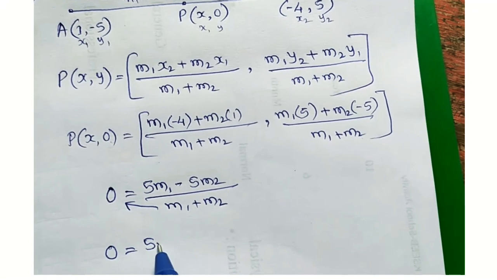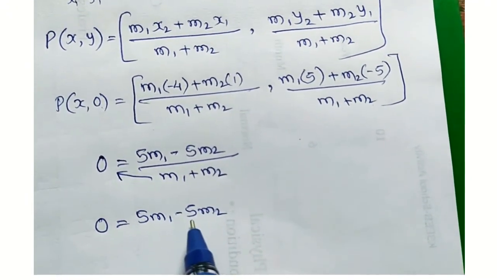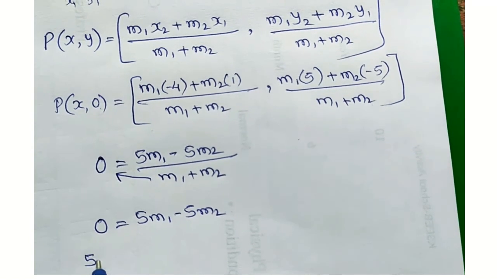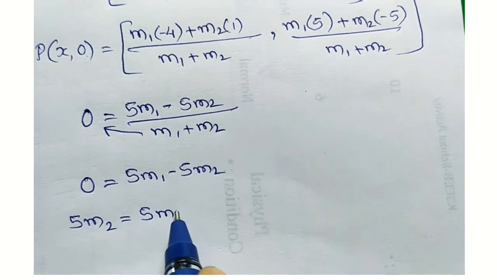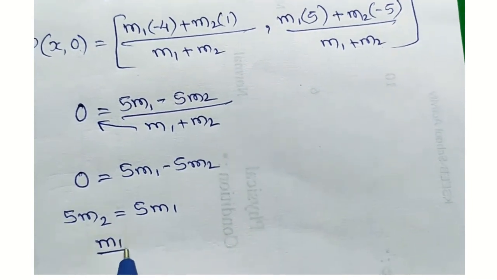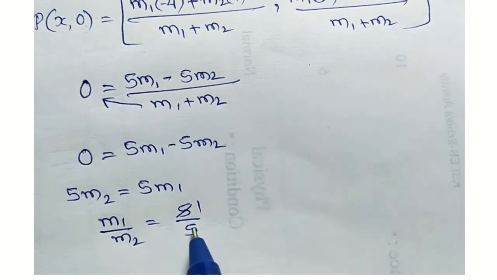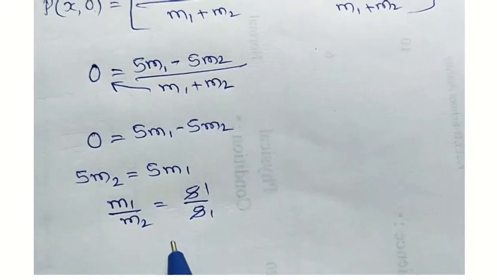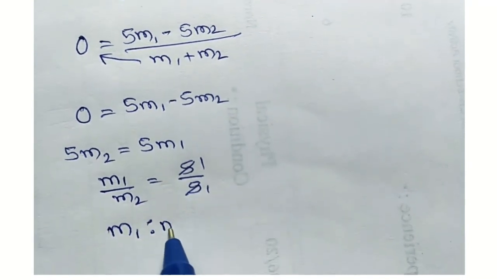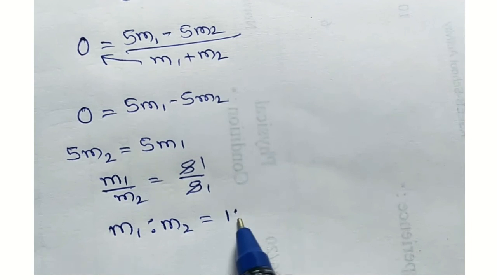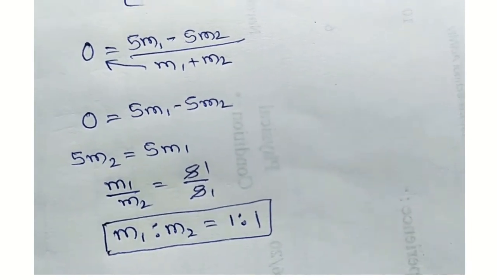So here 5 m1 minus 5 m2. So take the minus to the left side, it becomes plus 5 m2 equal to 5 m1. So m1 by m2 equal to 5 by 5. If you cancel it, 1 by 1. So our required ratio m1 is to m2 equal to 1 is to 1. This is our required ratio.